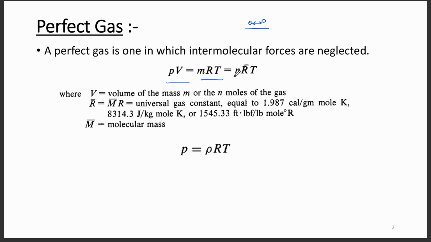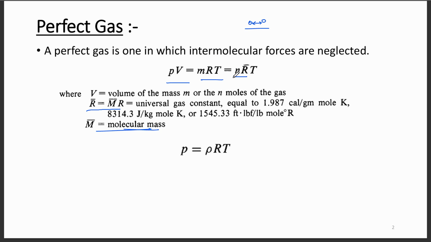This is also equivalent to N R bar T, where N is the number of moles and R bar is the universal gas constant, which can be written as R bar equal to M bar into R, where M bar is the molecular mass. The value of R bar is always constant, given by 8314.3 joule per kg mole Kelvin.